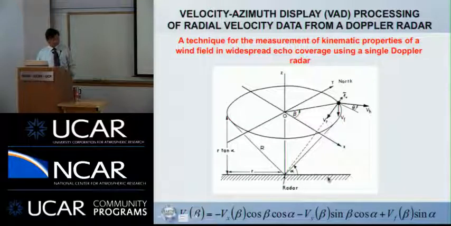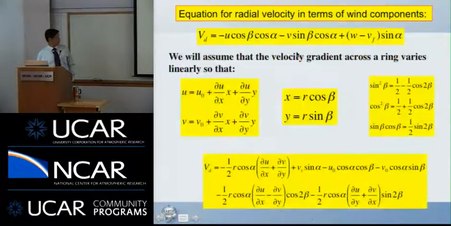So for a wind field which varies quasi-linearly across this domain, which can be expressed like this, if we plug this equation in here and use trigonometric functions to represent x as r cosine beta, y equal r sine beta, and use the trigonometric identity, here is the physical equation we obtain for the radial velocity Vd.